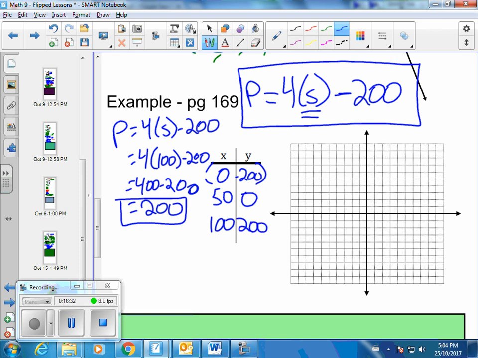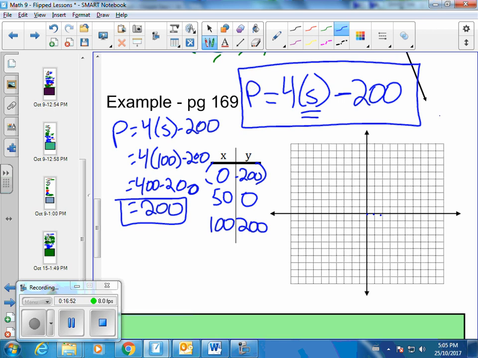Right. And then I go ahead and start punching it onto my graph. Now my graph is a little bit small, so I'm going to pretend that each one of these lines is 100 bucks. We're just going to keep it super easy, right?